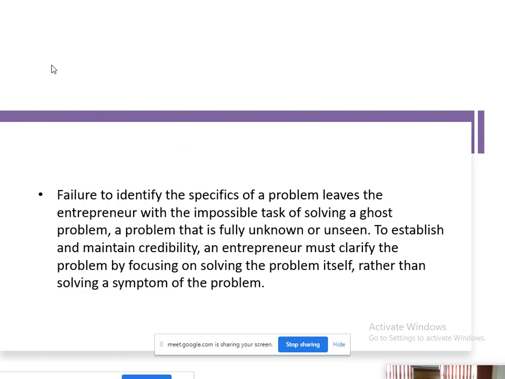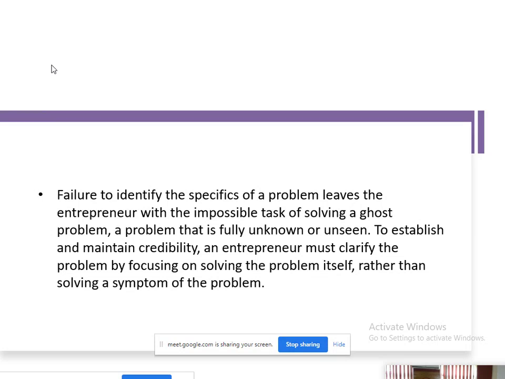Failure to identify the specifics of a problem leaves the entrepreneur with the impossible task of solving a ghost problem, a problem that is fully unknown. Okay, because sometimes the company is not able to understand the problem, or they don't even think about it. That is also a big challenge. You should be able to identify these specific problems.